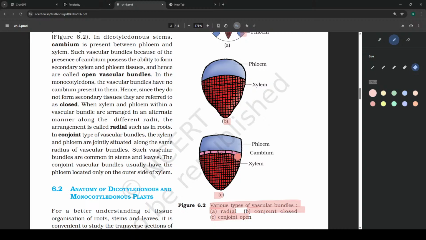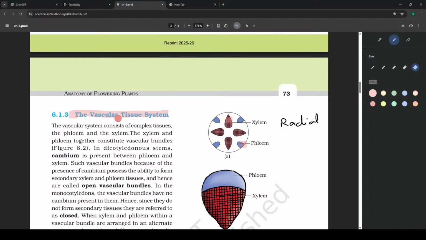Cambium is a tissue which helps in secondary growth, the growth of the width of the plant. If it is there, there will be growth in the width of the plant. If it's not there, as in monocots, there will be no width growth of the plant. So here it is called closed because there is no cambium, and here it is called open because there is a presence of cambium.